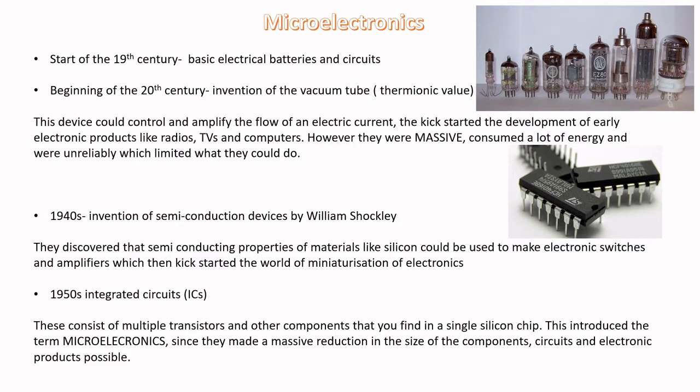Next, you got the 1950s, which is where you get integrated circuits. This is where you start to have multiple transistors and other smaller components inside those chips. Now they've started to realize that you get more and more components within those chips, so you don't need to have as big a circuit board or as big a component to have it all fitted in.